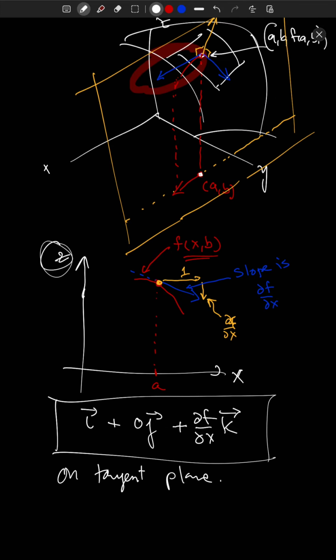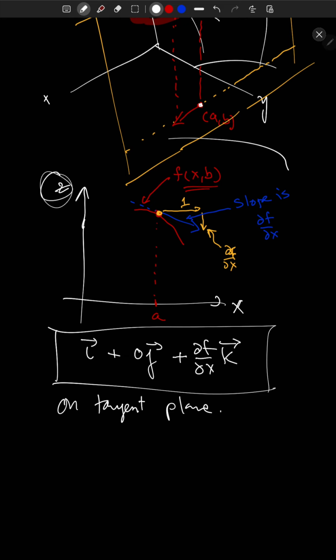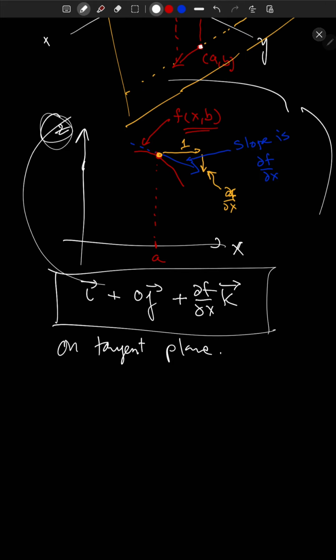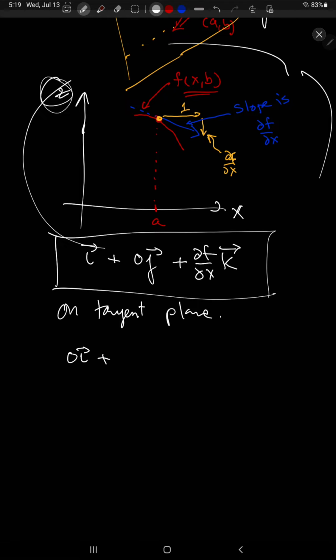Okay. So like we said, all we need is another vector, and we just do the exact same thing, except in terms of the y and z directions. We cut a plane at a, b parallel to the YZ plane. And then we get, again, a picture that looks exactly like the picture we drew, except in terms of y and z. And, of course, we're going to get something like 0i plus 1 step in the y direction, which means we have to make df dy steps in the z direction.